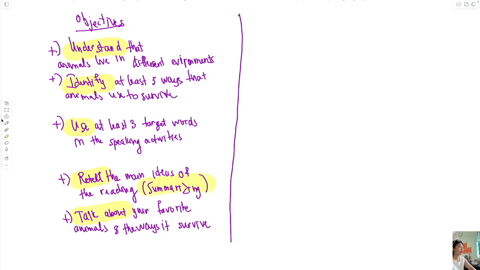Okay, here, I would use a different pen. And now let's go to the process of planning the lesson here, because I can identify the keywords: understand, identify, use, retell, summarizing skill, and talk.